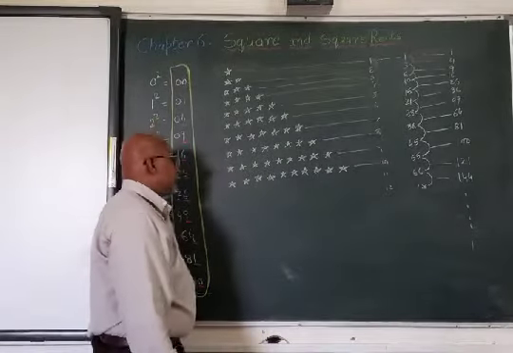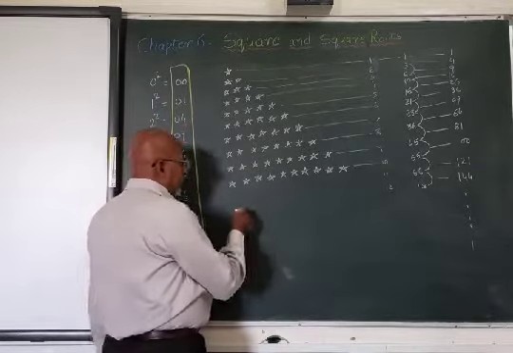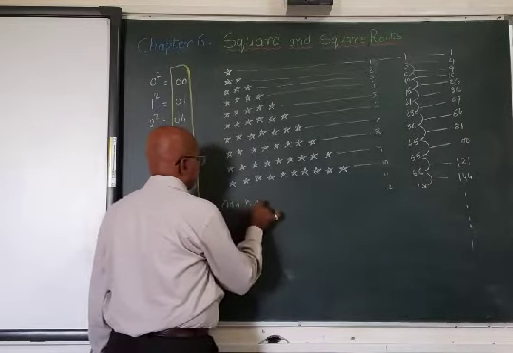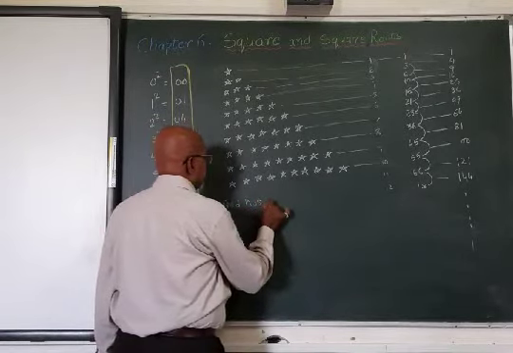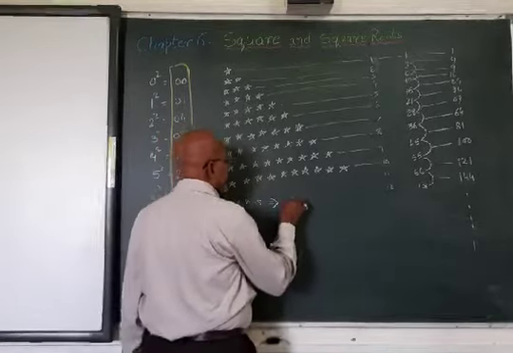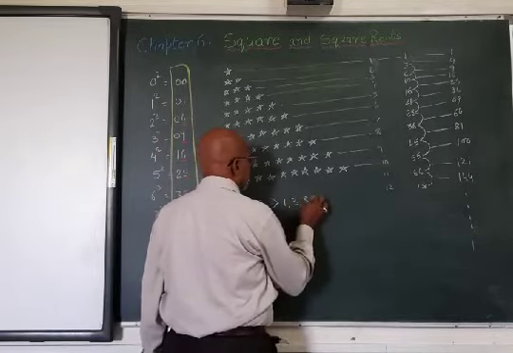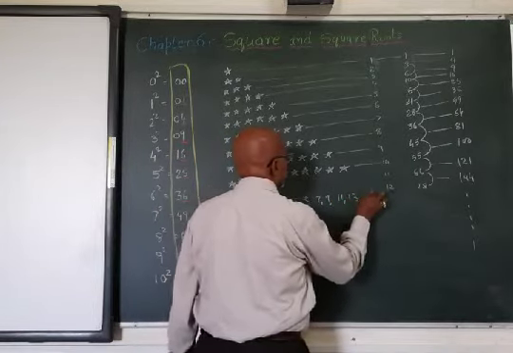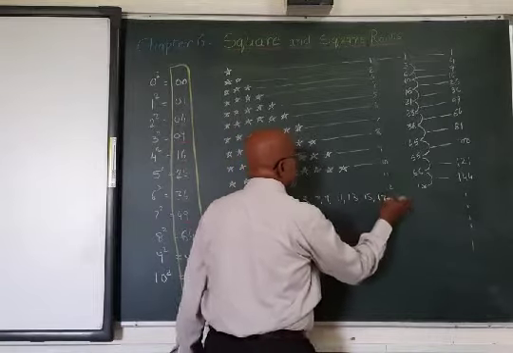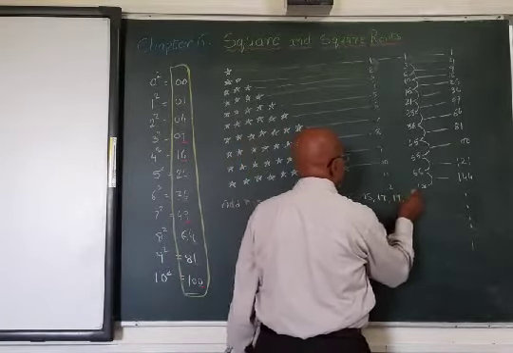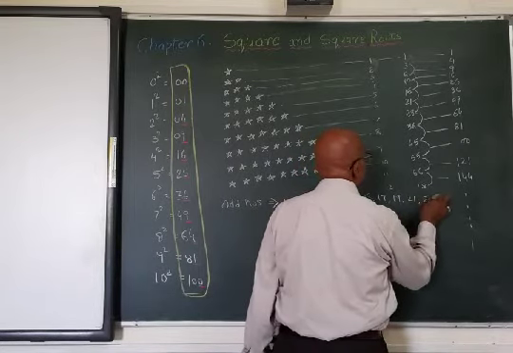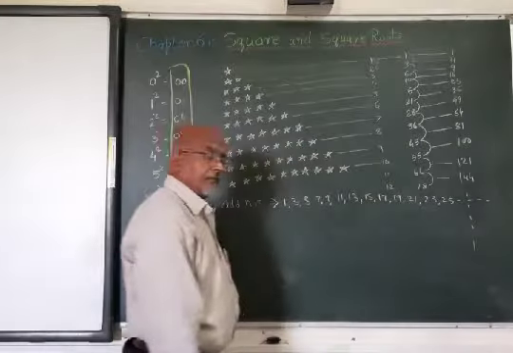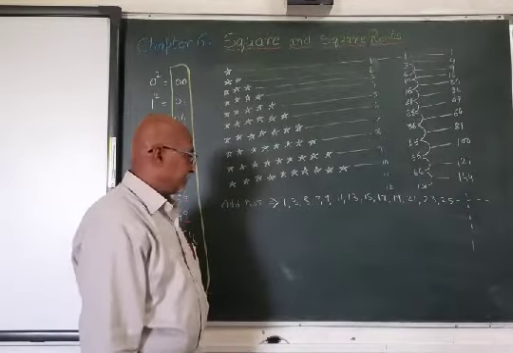So if I write all the odd numbers in a series, they are 1, 3, 5, 7, 9, 11, 13, 15, 17, 19, 21, 23, 25. This is the series of odd numbers.